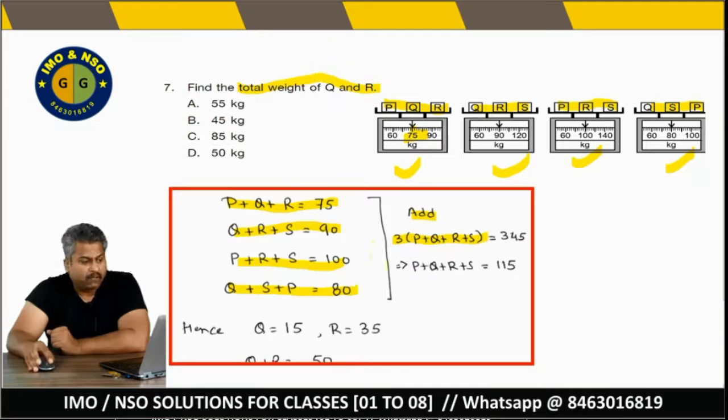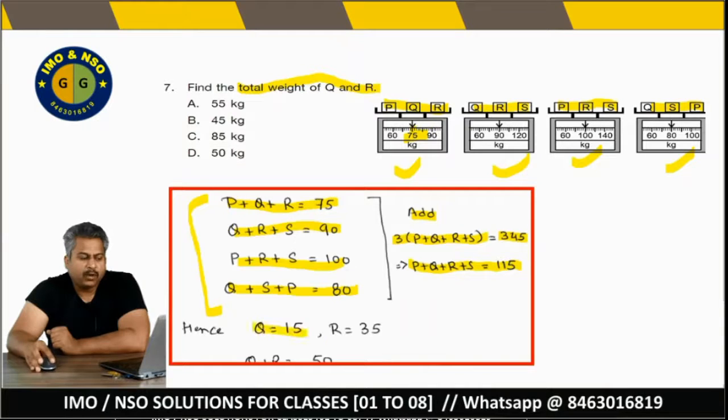And this total 75 plus 90 plus 100 plus 80, it will account to 345. So from this, if we divide 345 by 3, we will get P plus Q plus R plus S equal to 115.